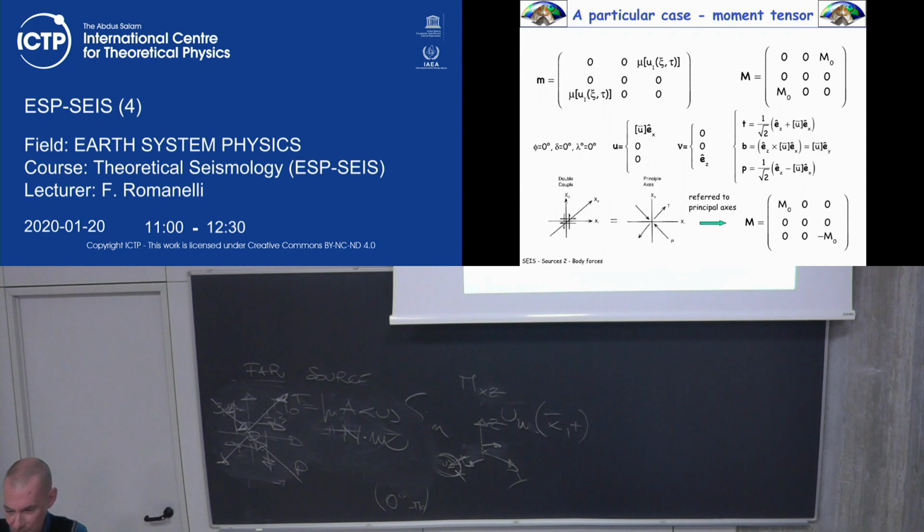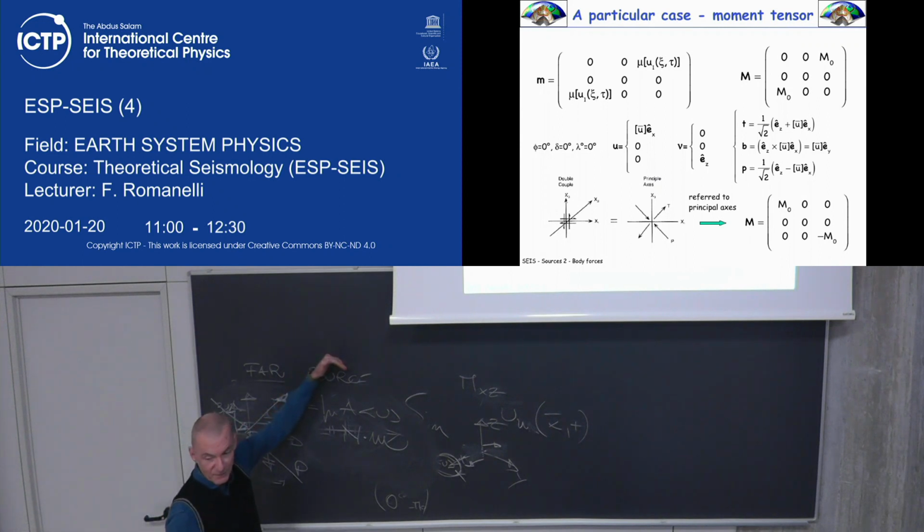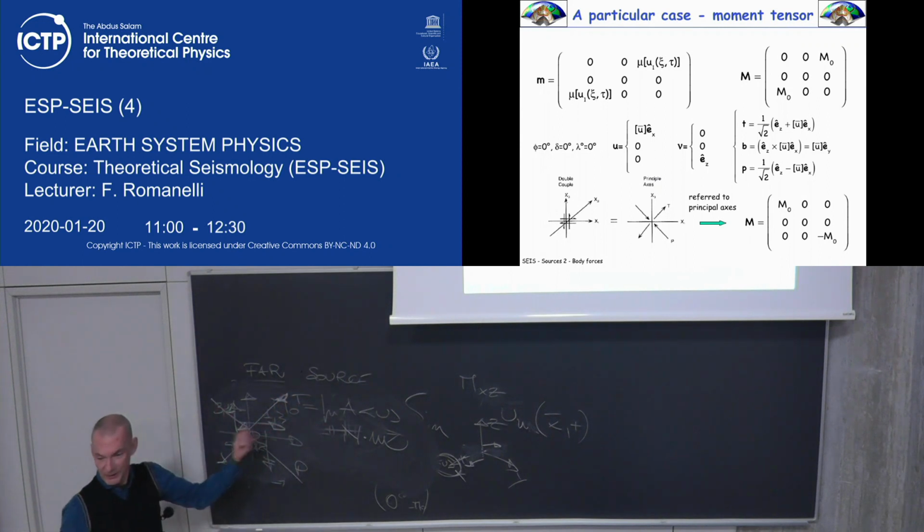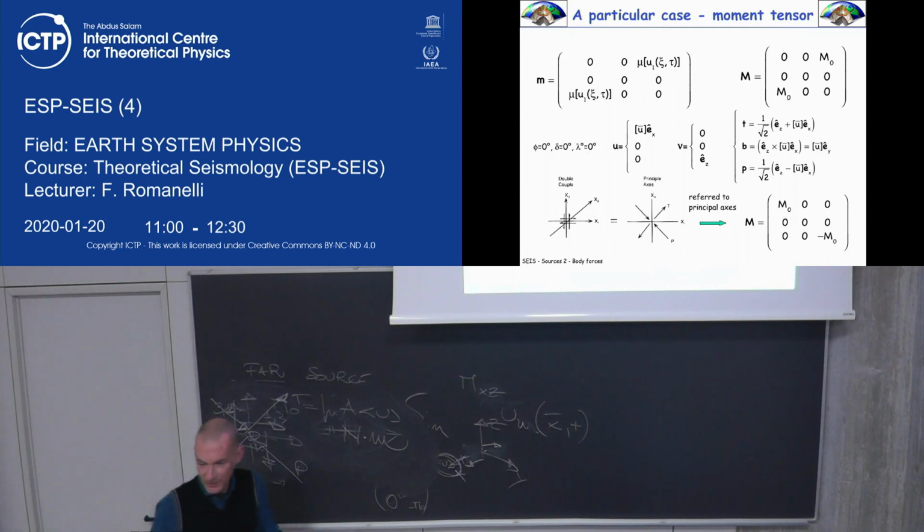Compression, do you remember sound waves? What is pushing me will be positive for me, but for the source, what is pushing me is attraction. This will be a plus for a receiver, but it will be attraction for the source. So just a warning, because for focal mechanisms, we will have to take care about this double personality between the source and the receiver. Okay.